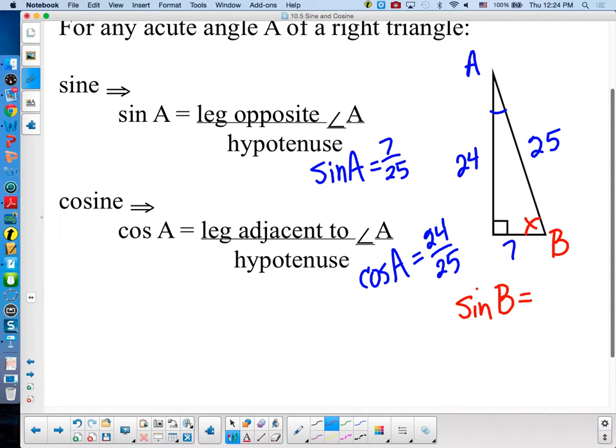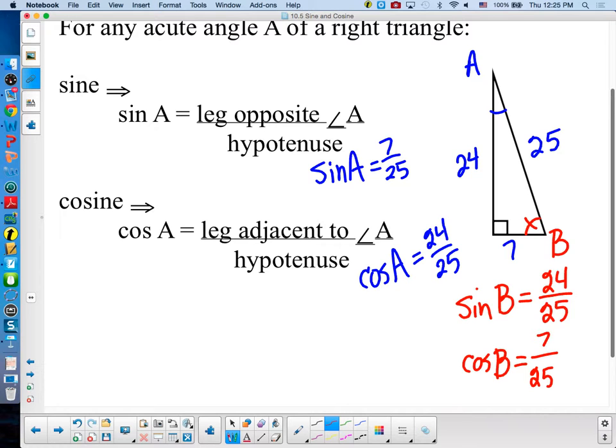So what leg's opposite of B? 24 over hypotenuse. 25. Cosine of B, what leg is adjacent to angle B? 7, and the 25 is the hypotenuse still.